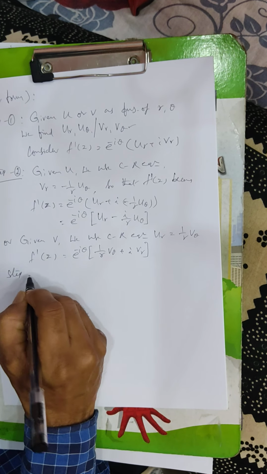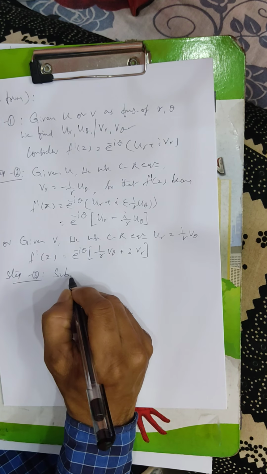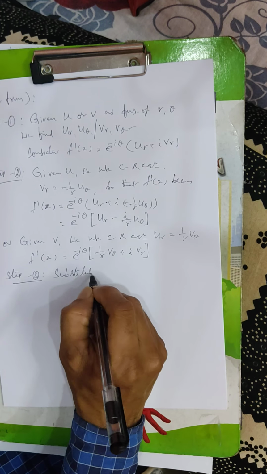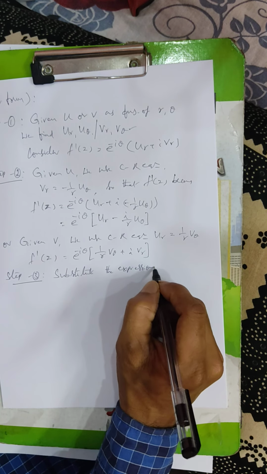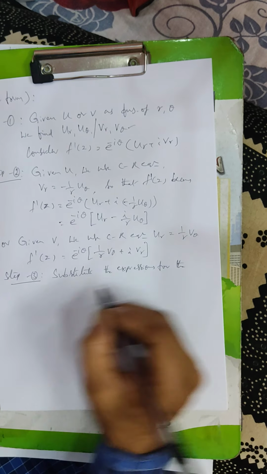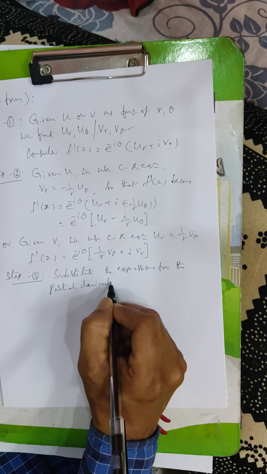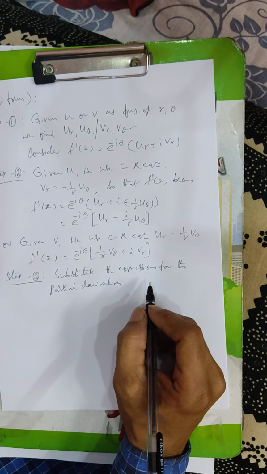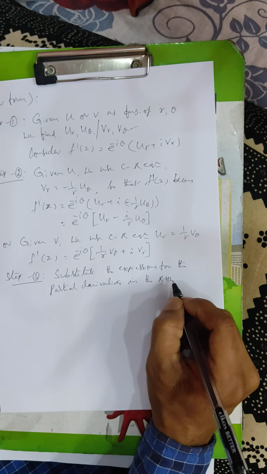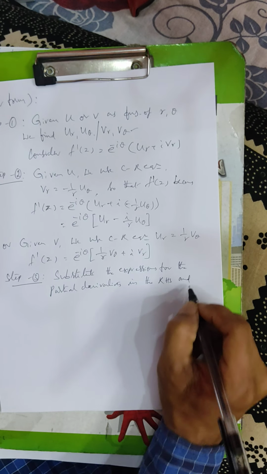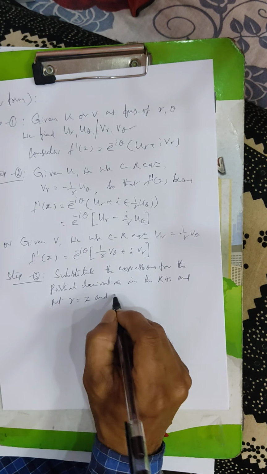Next, step 3. Substitute the expressions for the partial derivatives in the RHS, and let us substitute r is equal to z and theta is equal to 0.